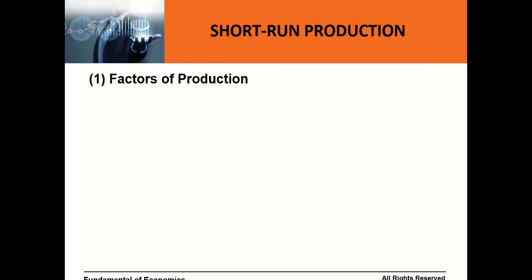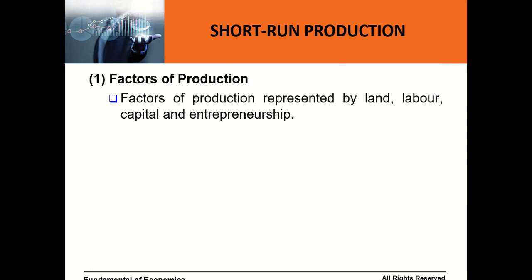Now, the short run production is the first part. Before we begin, it's good to know what we call the factors of production. In our class, factors of production is also known as input, or sometimes called resources. Factors of production are represented by four factor inputs called land, labor, capital, and entrepreneur.